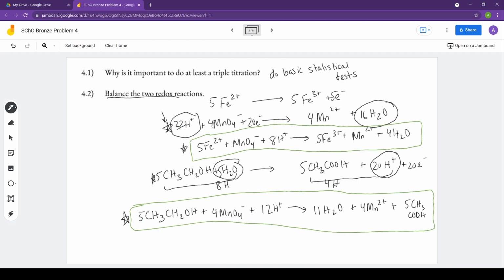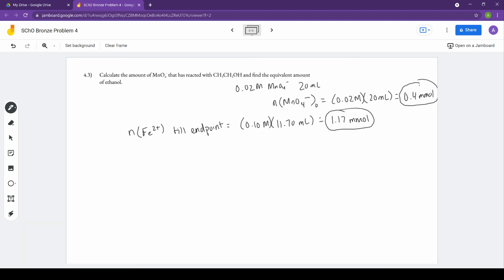This tells us, if I look at the first equation I wrote, that for every one permanganate being used up, 5 Fe2+ is being used up. So we have this 5-to-1 ratio between the ferrous sulfate, the Fe2+, and the permanganate.